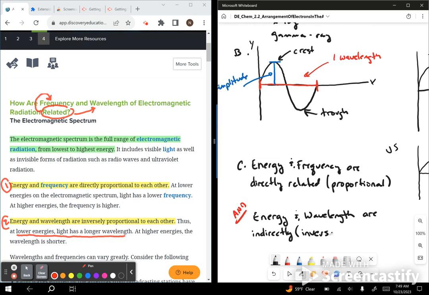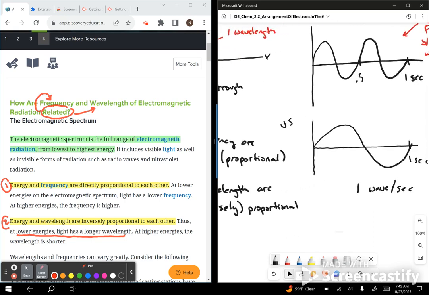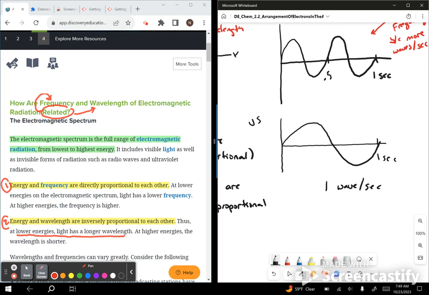You should be comfortable with however it's described, indirect or inverse. They're synonymous. Inversely proportional. That just basically means as one goes up, the other one goes down. If energy increases, then the wavelength has to decrease. If energy decreases, then the wavelength has to increase. So this has long wavelengths, lower energy.